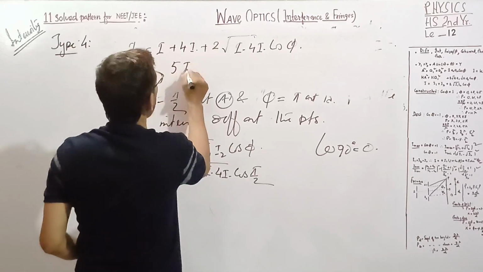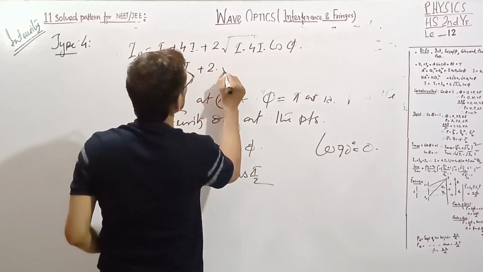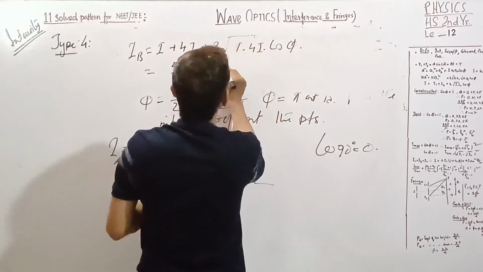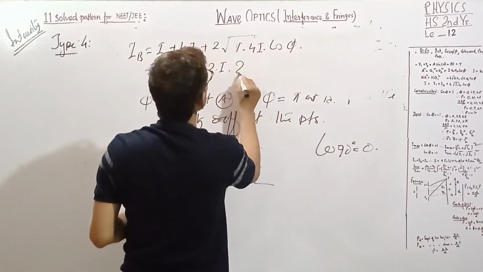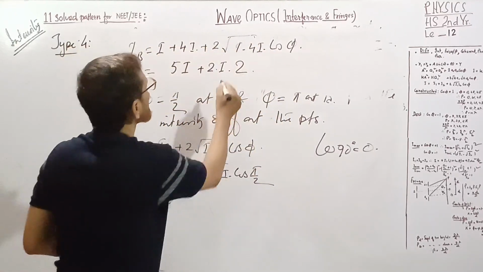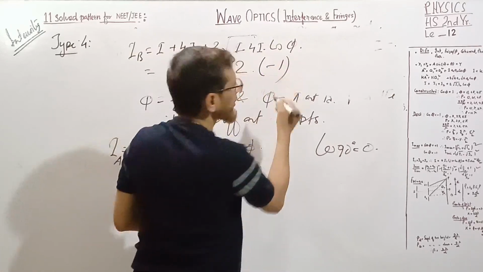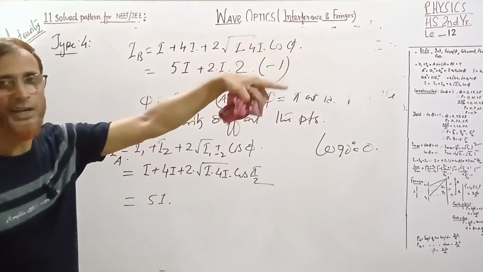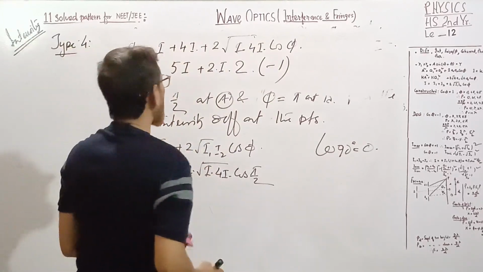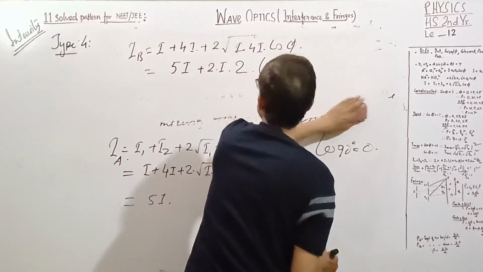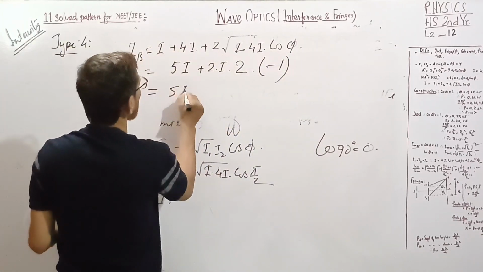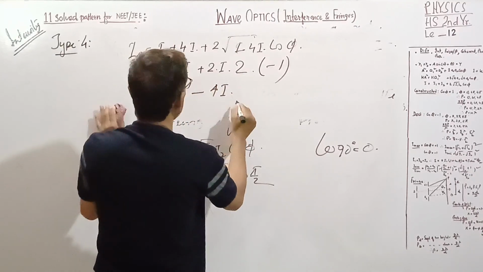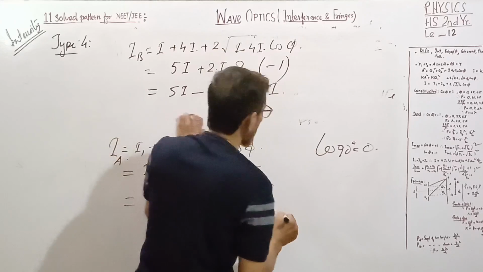So 5I plus twice root over I times 4I, which is 2 times 2I, and cos phi is equal to minus 1. Earlier we have shown you cos pi is cos 180, which is equal to minus sin 90, equal to minus 1. So what you get here is 5I minus 4I, that is equal to I.